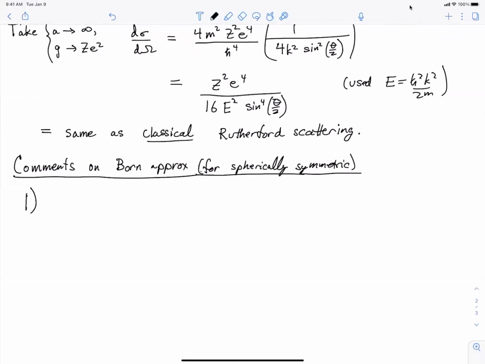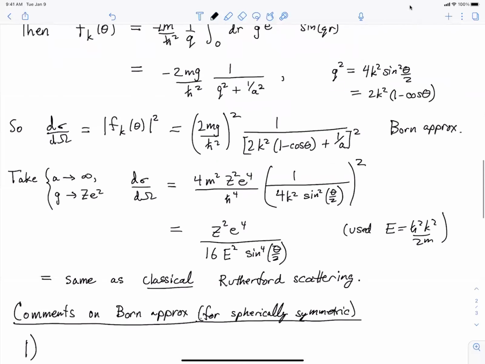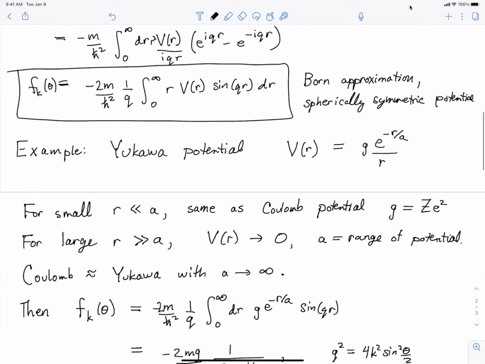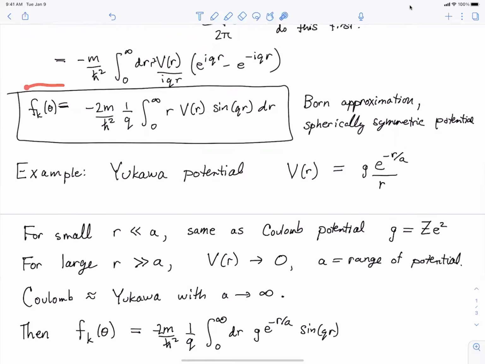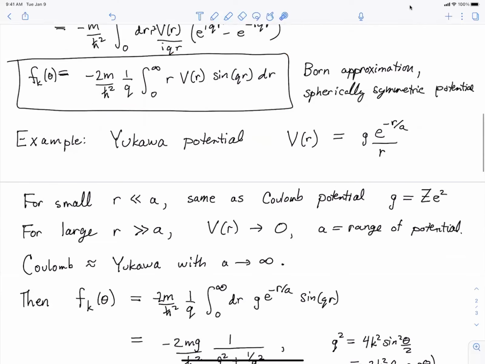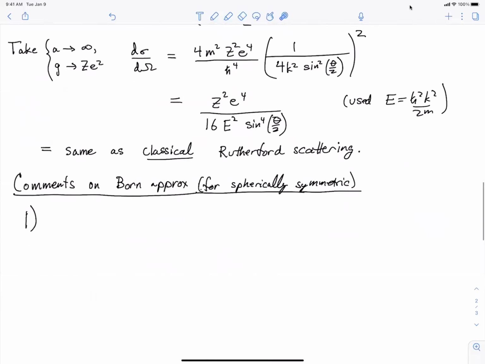okay, so one thing is we can go back up to our formula here. And so we notice that even though the general formula was complex, this thing is always real. So no matter what the potential is that we plug in there, we do this integral, it's just manifestly a real number. There's nothing complex about it.